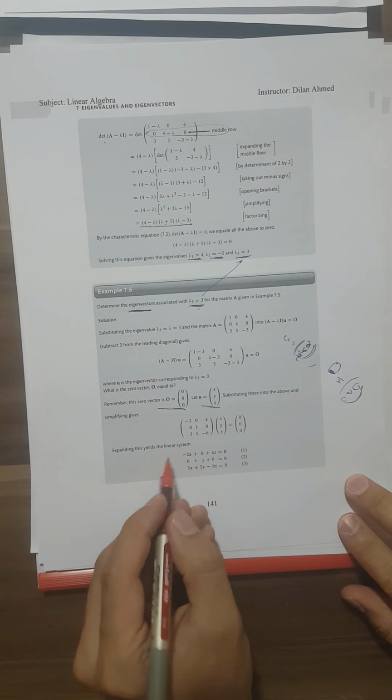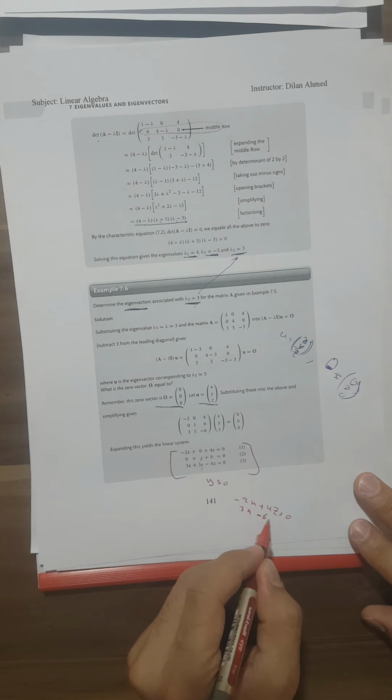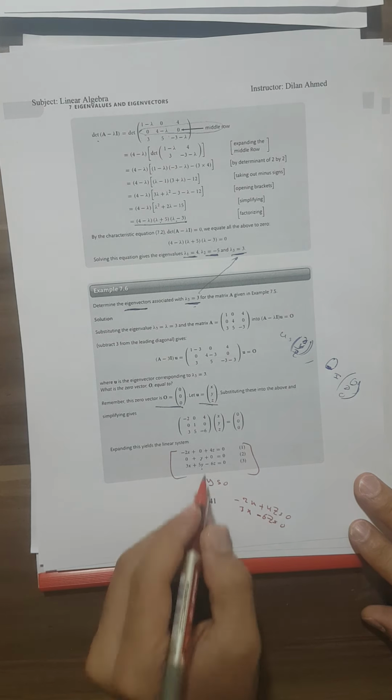By any method, you can use the Cramer rule, any methods, and you can find y is equal to 0, and from here you can say minus 2x plus 4z is equal to 0, and here again you have 3x minus 6z is equal to 0, because from the second we get y is 0.